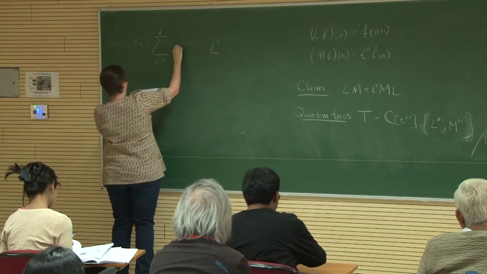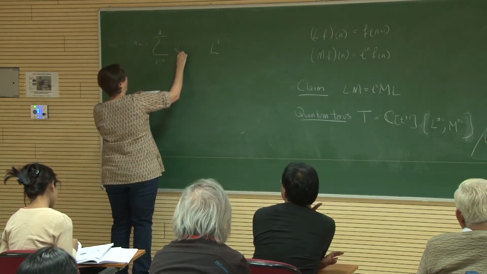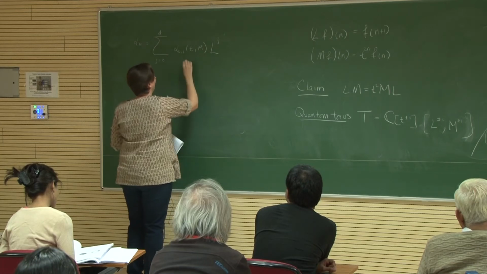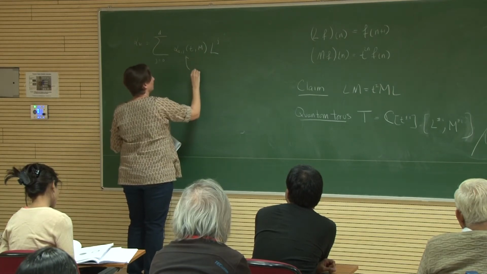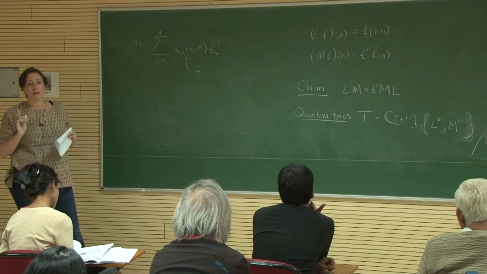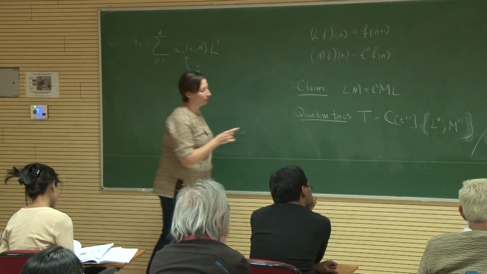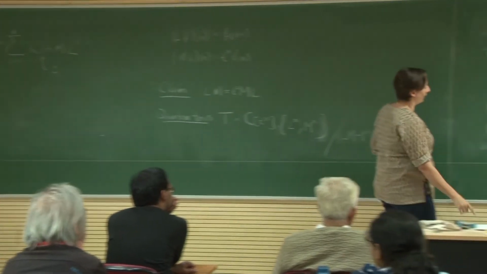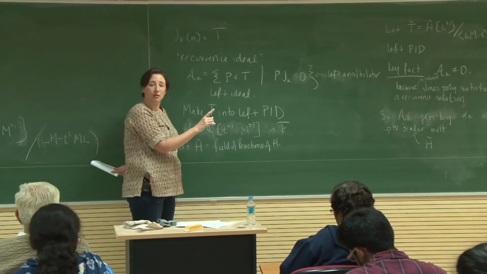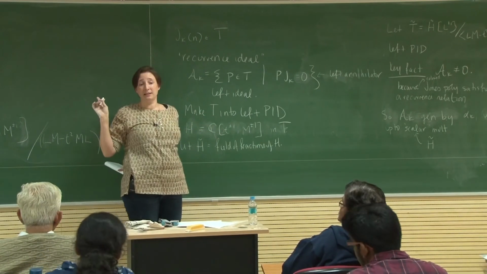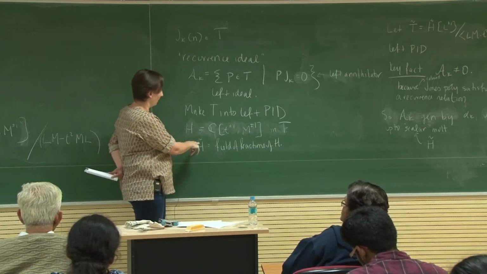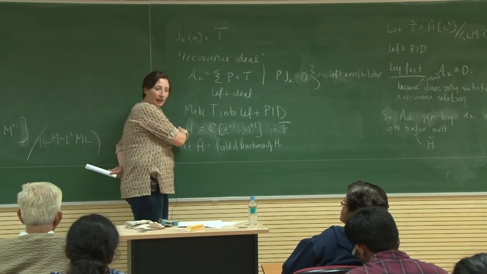So my coefficient alpha kj is a function of t and m, and we know for sure that this is in H tilde. But what is H tilde? It's the field of fractions of H. So I can multiply out denominators, and it doesn't change the ideal I generate. That's the important thing.